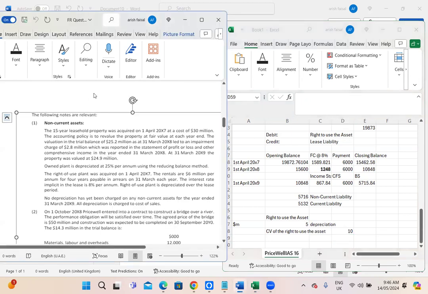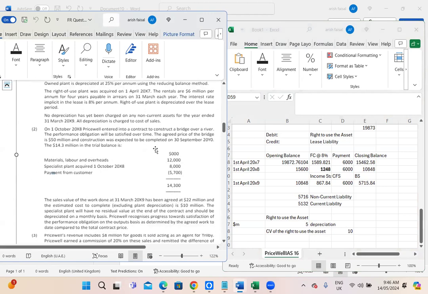Now, the second part, what we have, okay, is the IFRS 15 over here, which is for the construction contract, right? So now we just need to complete our workings, and once we have all our workings, we just have to put it into the income statement and the balance sheet.